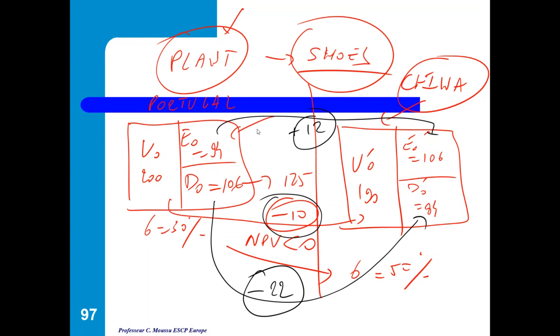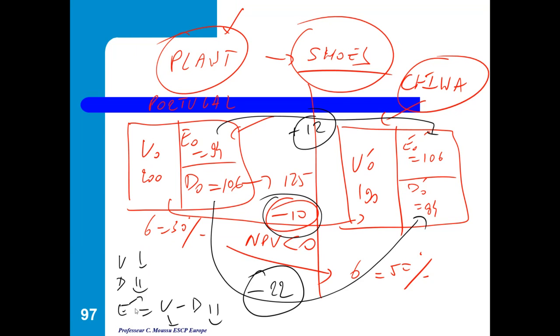Interesting. So what's the takeaway here? The big problem is that in this case, you do something that destroys value, but you destroy the value of debt even more. And finally, the equity value is increasing.